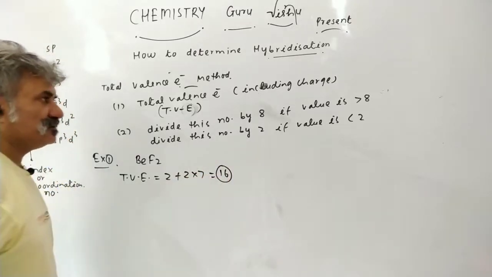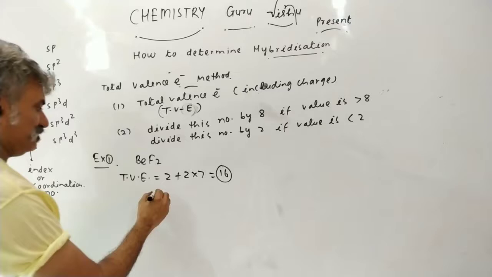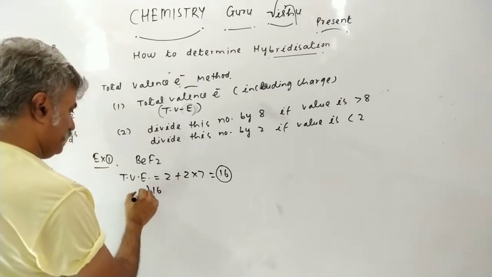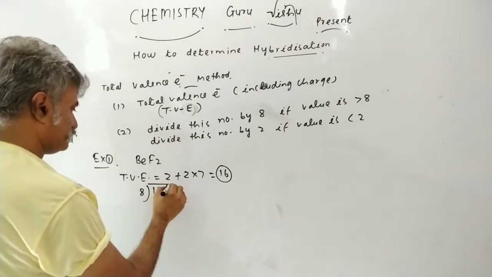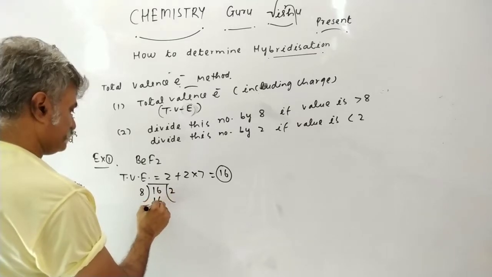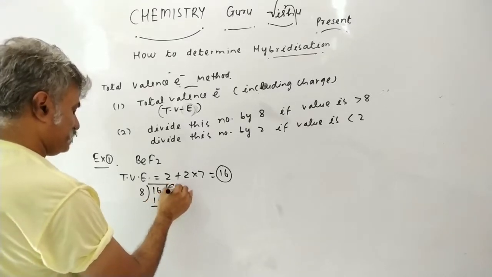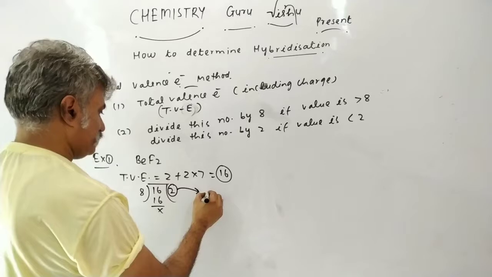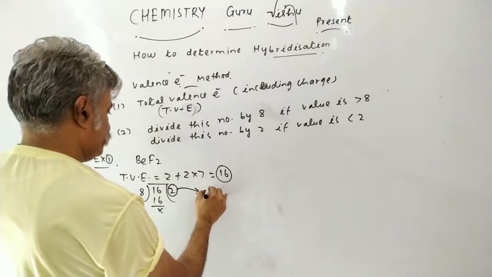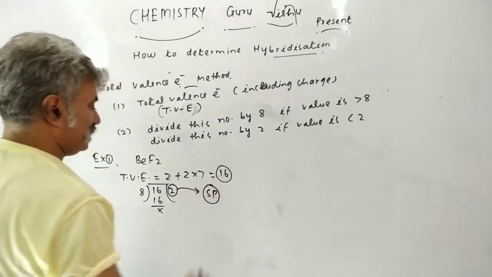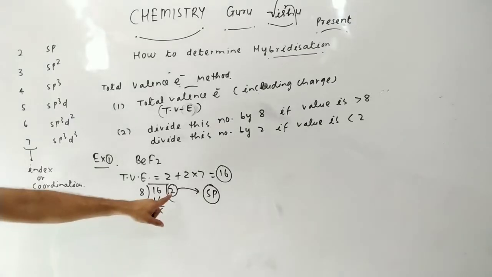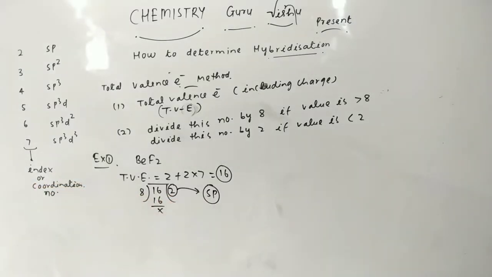The number is greater than 8, so divide this number by 8. And this quotient is related with hybridized state. So on the basis of this 2, hybridization is sp.